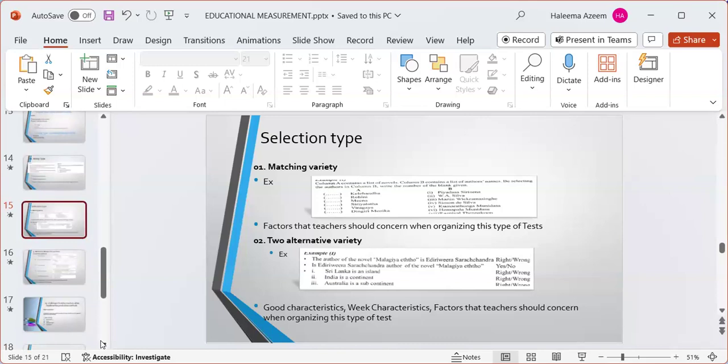Also, long sentences should be avoided. The next type is the two alternative variety. When preparing this type of test questions, teachers should avoid extracting facts directly from textbooks because it creates mistakes in the question. Let's move to the next slide.